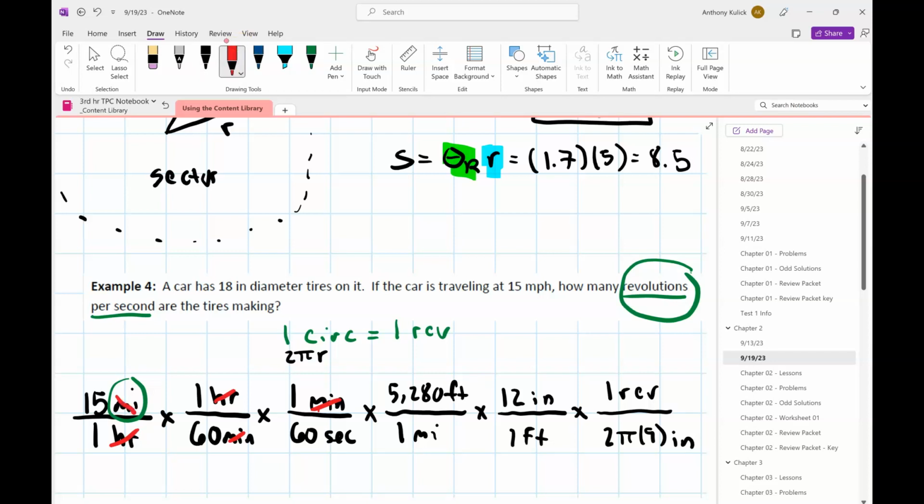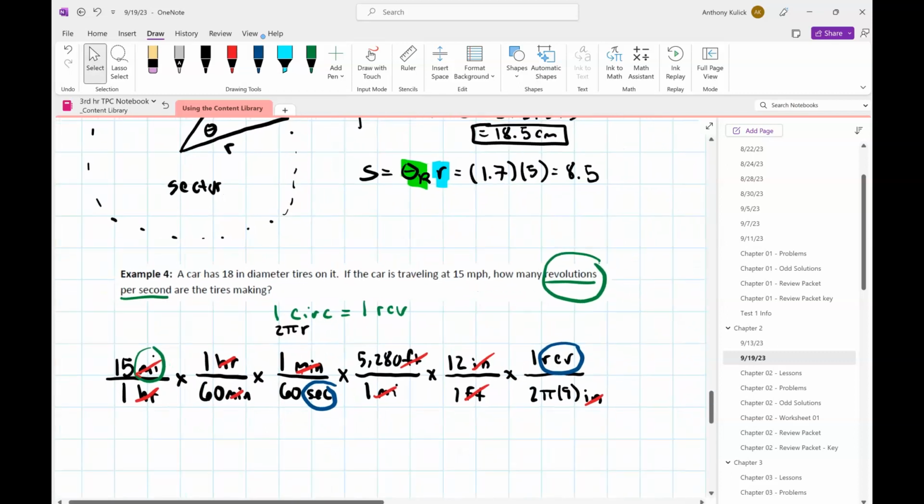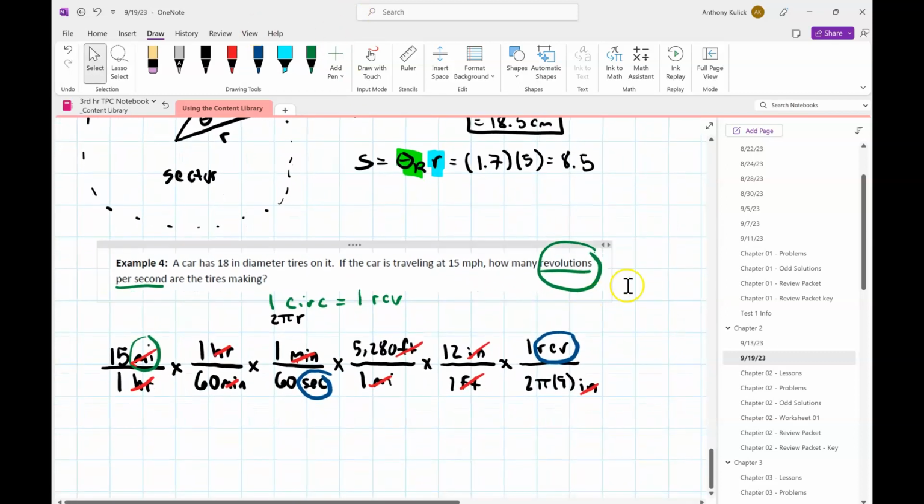So miles cancel the miles, feet with feet, inches with inches, and we're left with revolutions per second. Now all we have to do is the arithmetic.